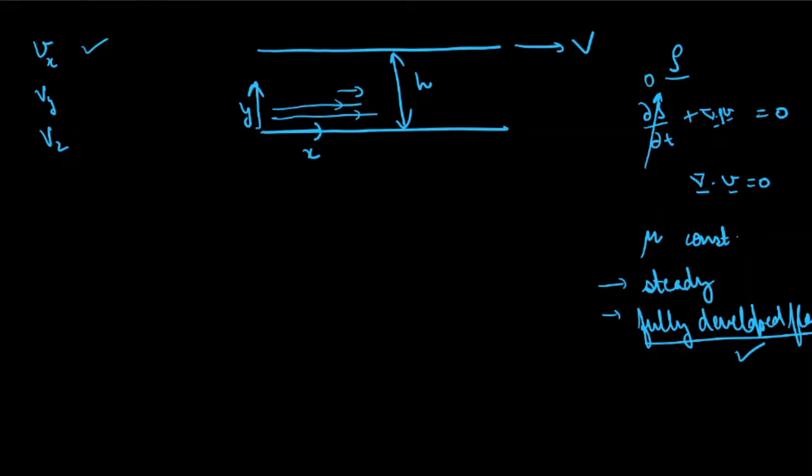So if we have a laminar flow and your layers are like this, then you do not have any flow going in the y direction, so velocity in the y direction is 0. And because of symmetry in the plane perpendicular to the plane xy, the velocity is not there, so Vz is also equal to 0. So that means we have only Vx and we need to solve only for Vx.